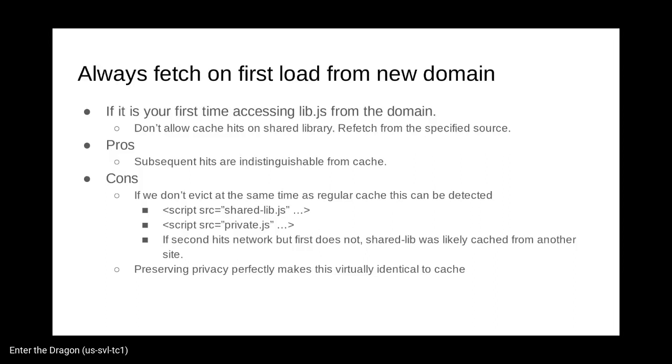So this has the benefit that you can't really tell if subsequent hits are from your cache or not, with a caveat that this also means you have to evict it at the same time as other resources. So this really doesn't have any benefit, I don't think, over regular cache, because it has to disappear from your cache at the same time, or else you can tell the difference between a non-shared resource and a shared resource.